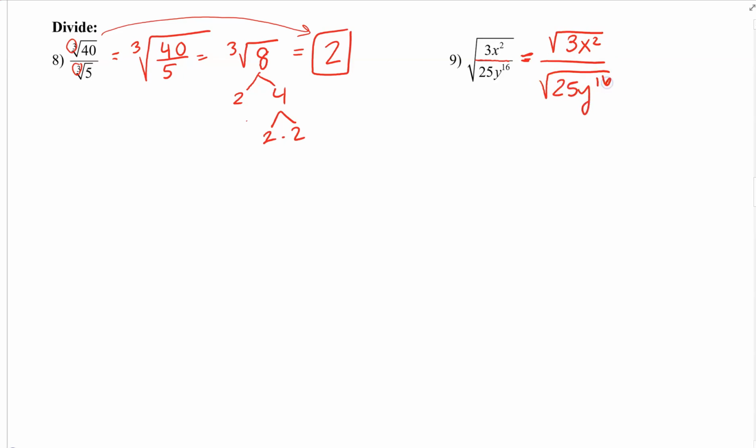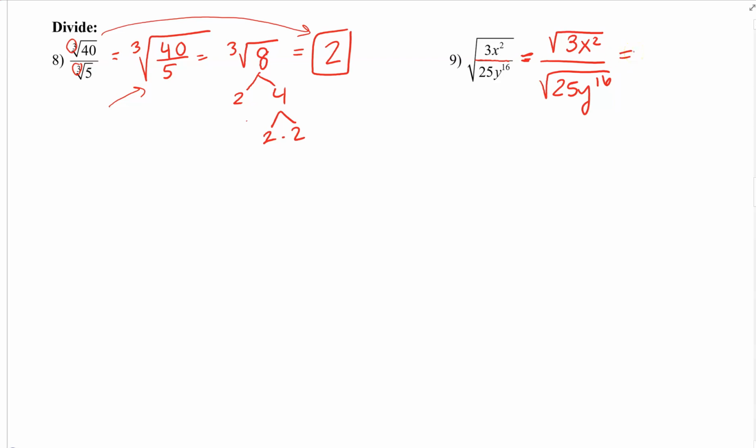So you can combine them together under one radical sign if the index matches, or split them up under 2 separate radical signs with the same index. And the square root of 3x squared can be simplified a little bit, and the square root of 25 y to the 16 can be completely simplified.